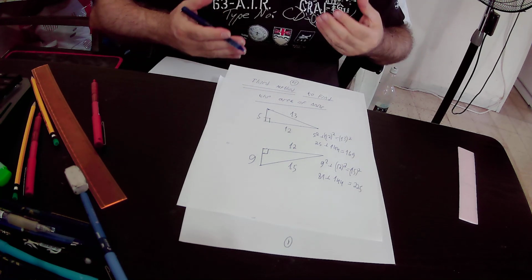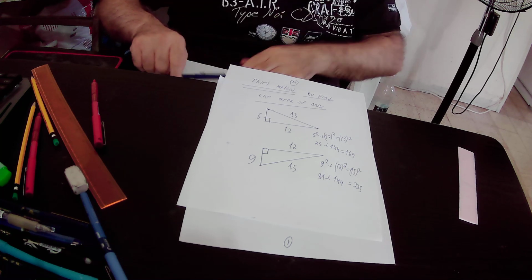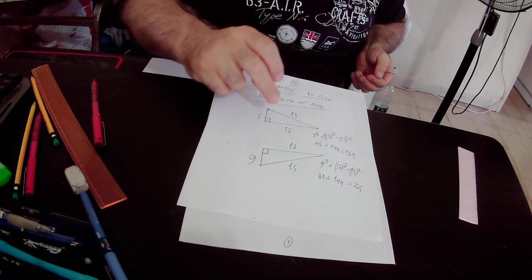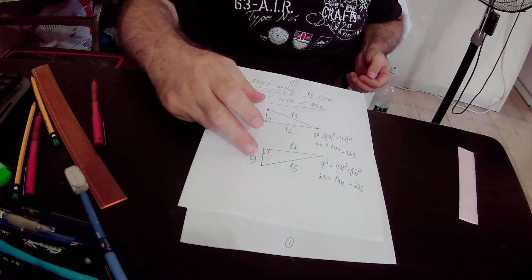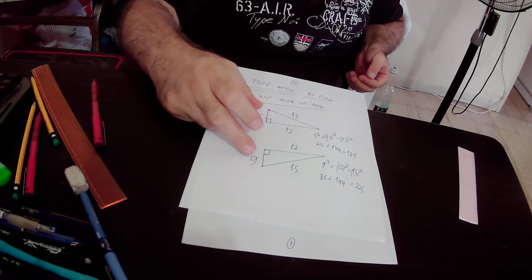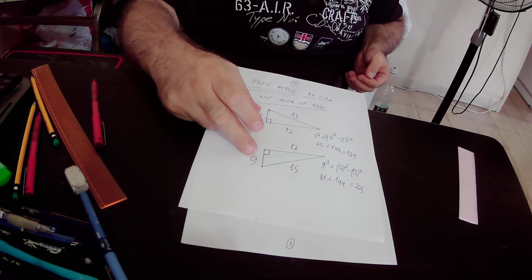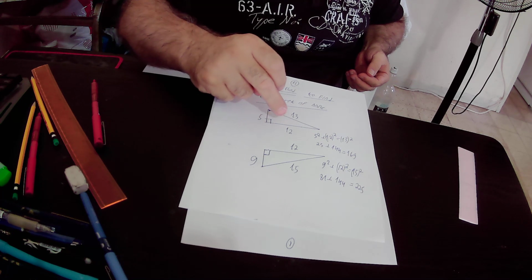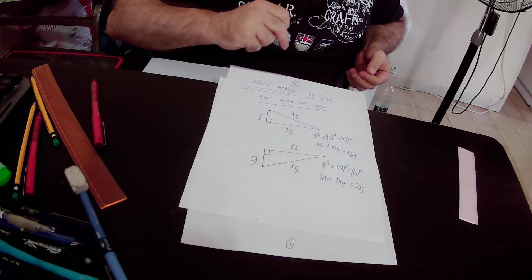So here we actually proved that if the base of the right triangle is 14 units, then the height will be equal to 12 units.